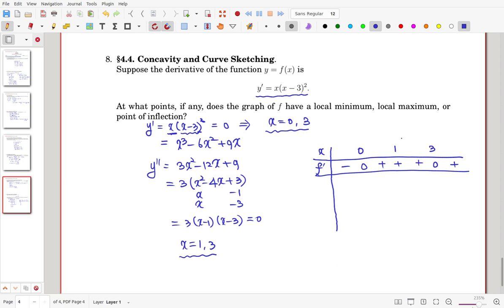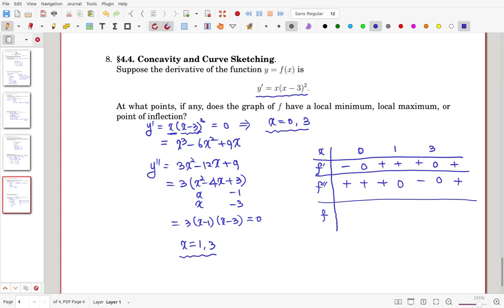Now how about f double prime? Okay, f double prime at 1 and 3 is 0. But once x is less than 1, then it's positive. Between 1 and 3, that is negative. And if it is larger than 3, then again that is positive. So out of this, the behavior of f can be described in this way.